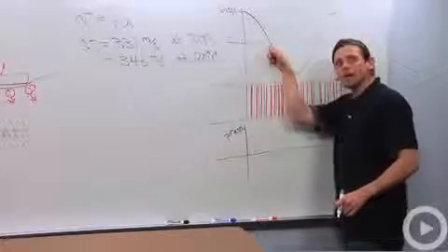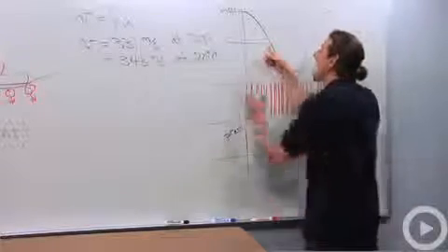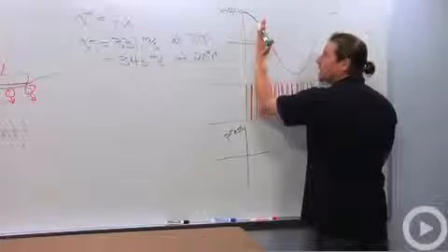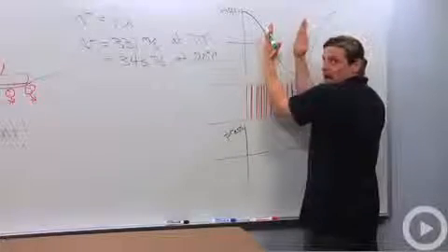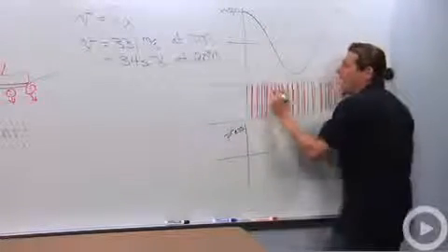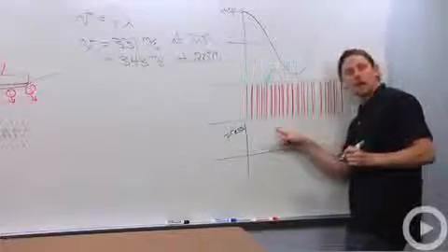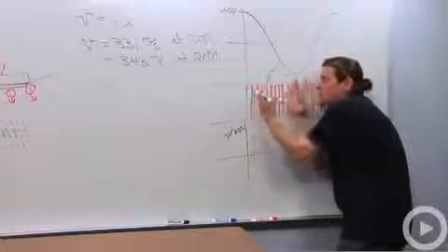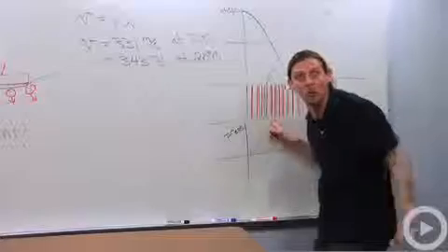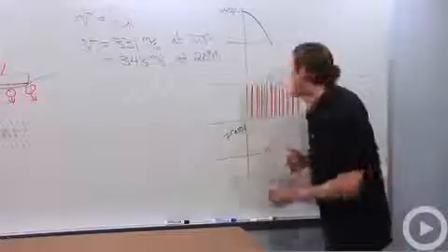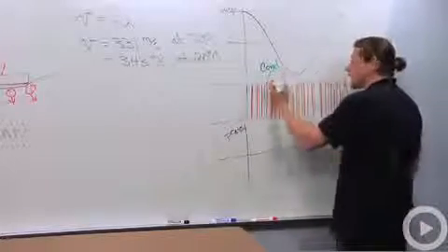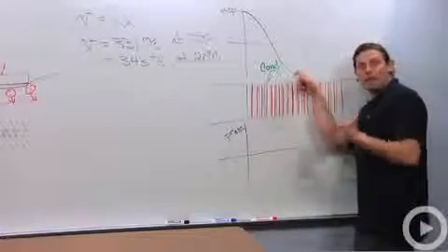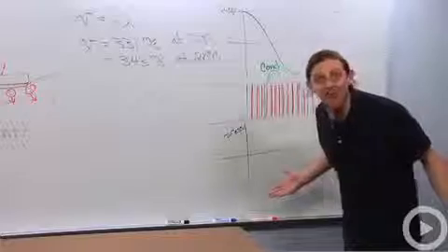But look what's happening around here. The atoms on this side are moved to the right, and the atoms on this side are moved to the left. So we've got this region right here where the red lines are closer together than they're supposed to be. This is my condensation. As we continue, here we've got maximum displacement in the negative direction.